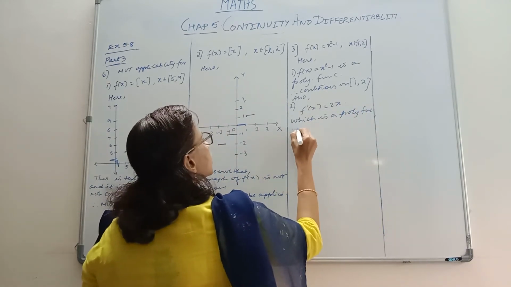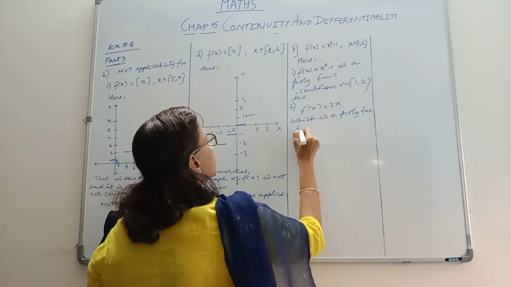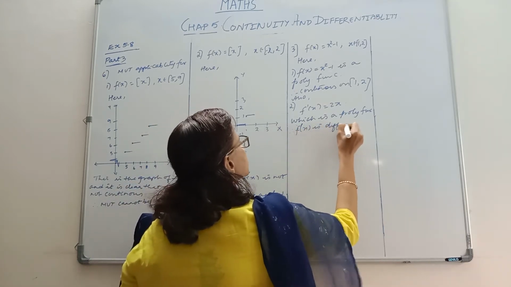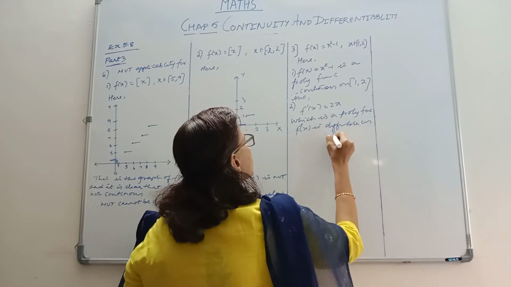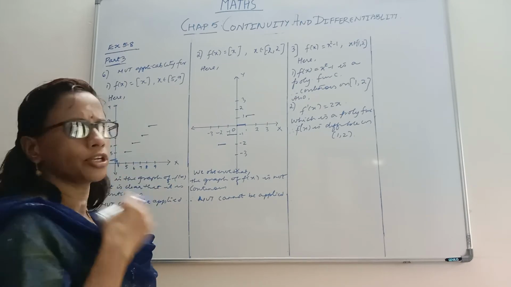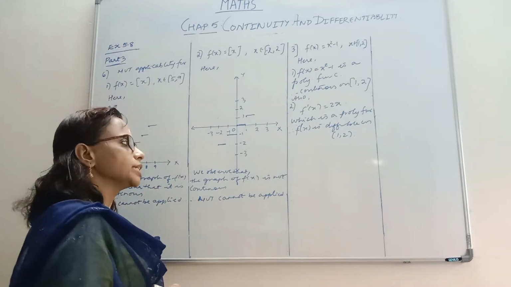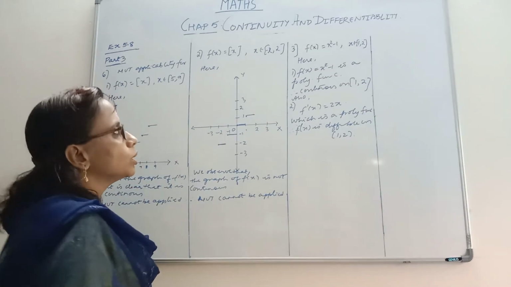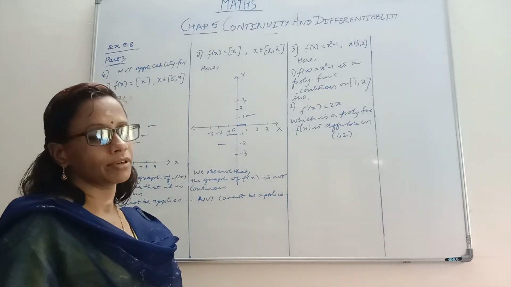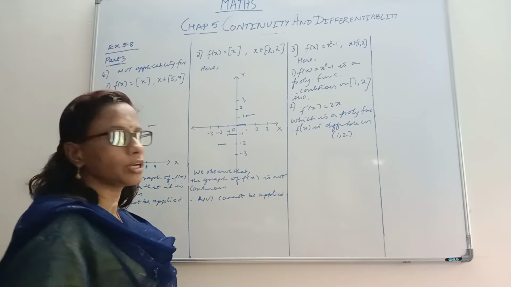Therefore, f of x is differentiable on (1, 2). It's defined everywhere. On (1, 2), you take any point, you are able to get an answer. So because these two conditions hold, we have to check for the mean value theorem.